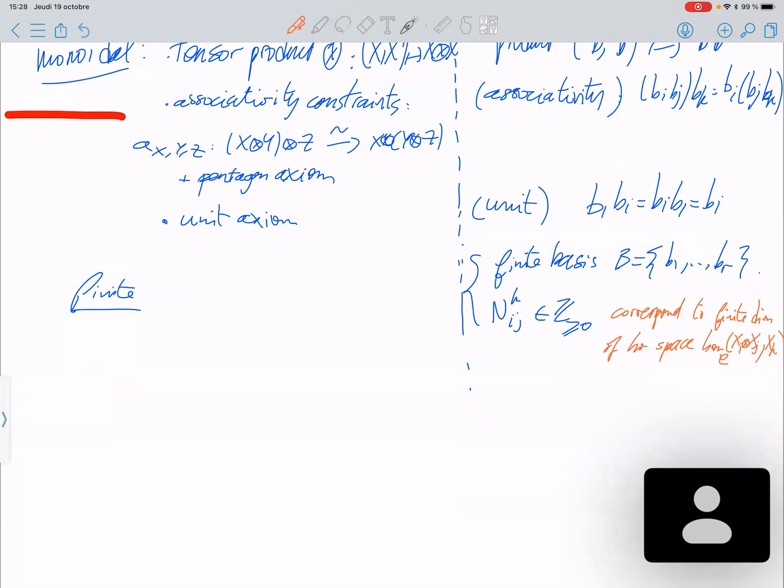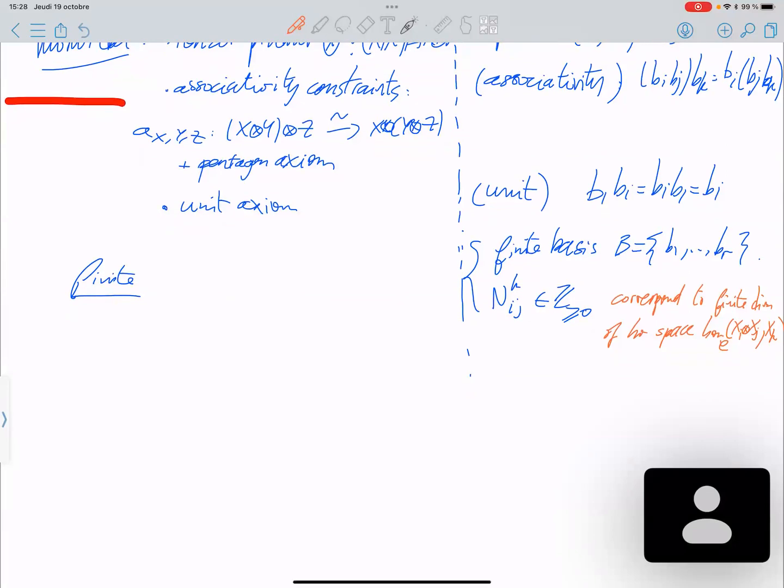So the one assumption, finiteness for category, is finite dimensional Hom space, and here the dimension of this Hom space is precisely the fusion coefficient.